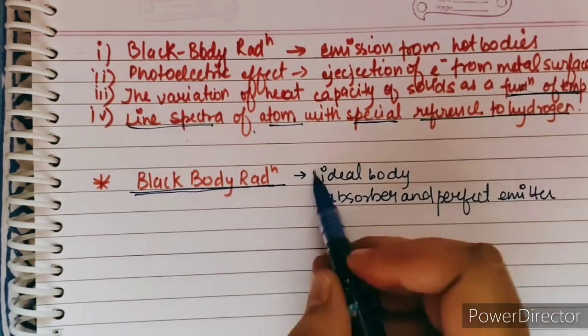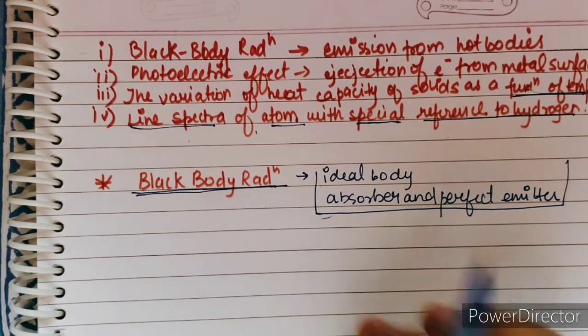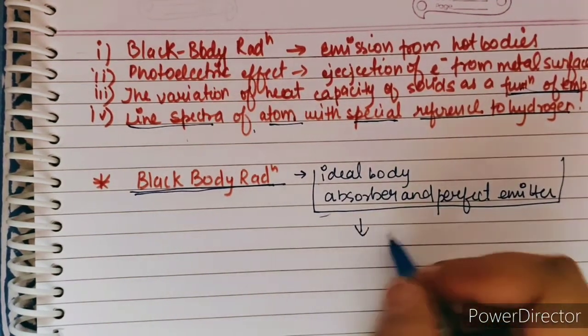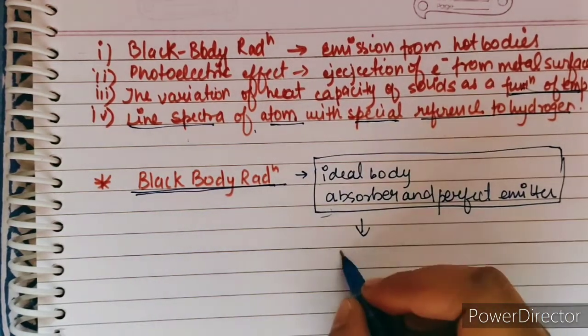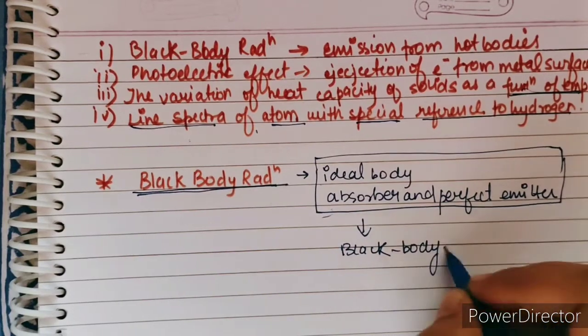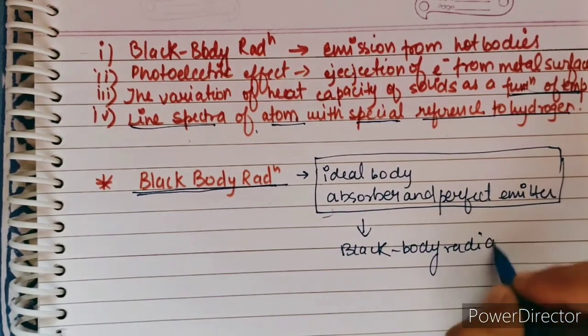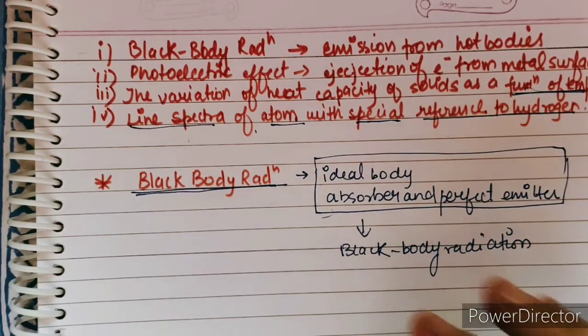These are called black bodies, and the radiation comes from these bodies.